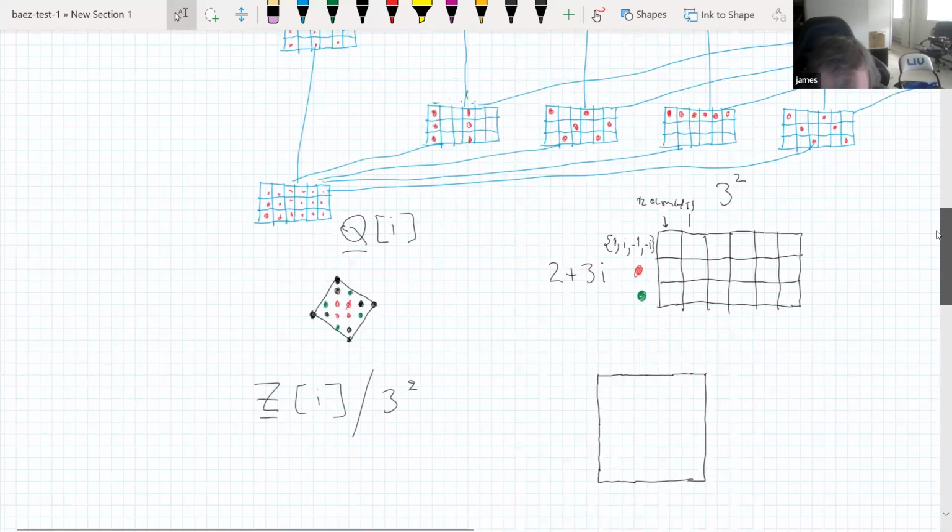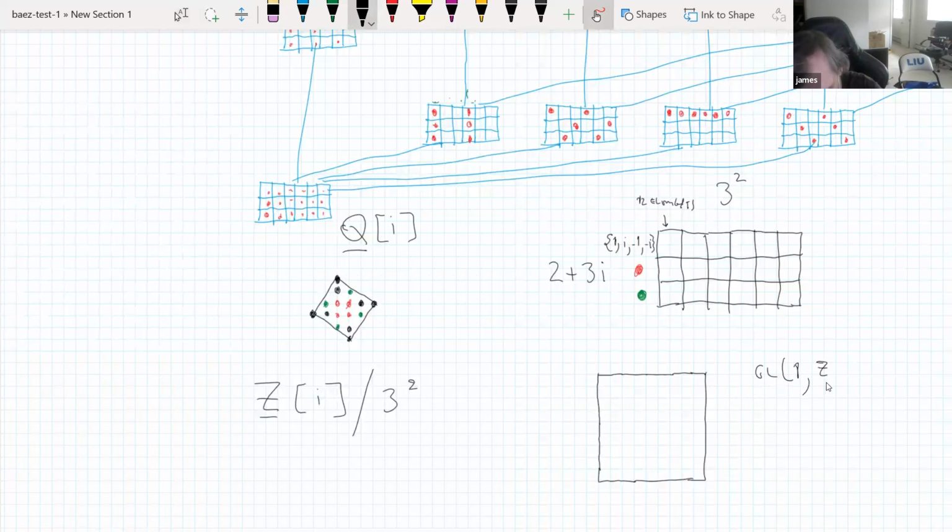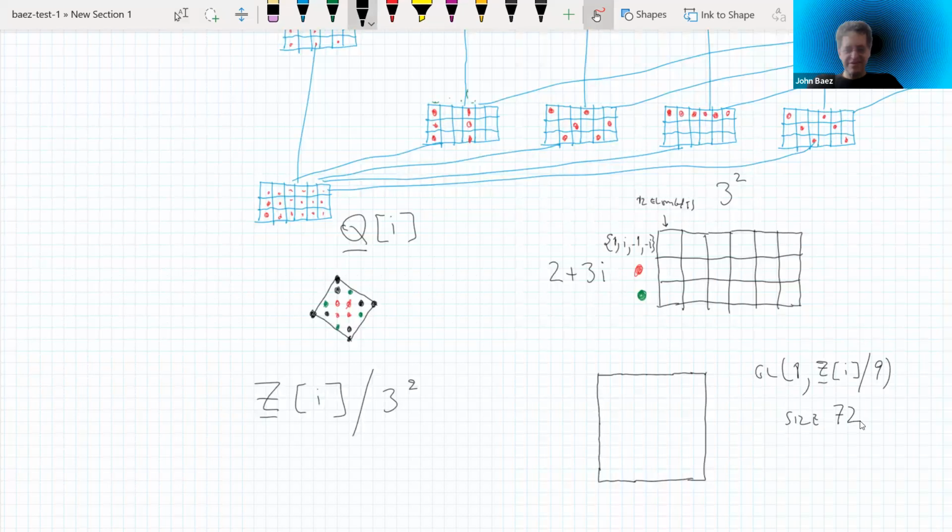So what am I trying to say here? First of all, I'm claiming that GL1 of the Gaussian integers modulo 9 is size 72. Should I say why that is? No, it's not obvious.